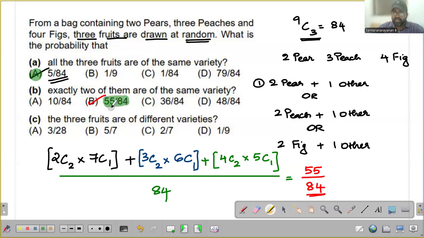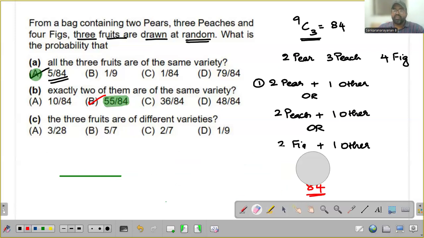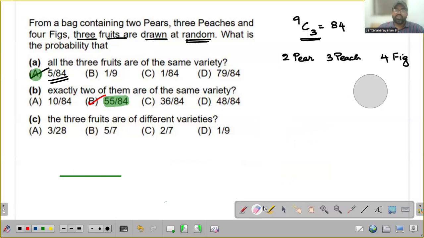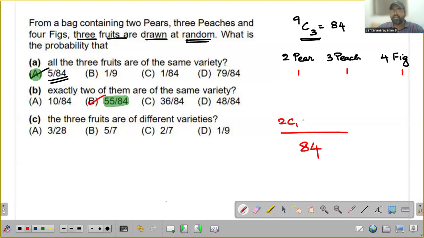Now, the last one is actually a very simple one. They are considering that all the three fruits are of different varieties. So please be aware the total number of outcomes is 84. In that 84, you are considering one pear, one peach, and one fig. How many ways can you do it? 2C1 ways you can deal with selecting one pear, 3C1 ways you can consider selecting one peach, 4C1 ways of selecting the one fig.